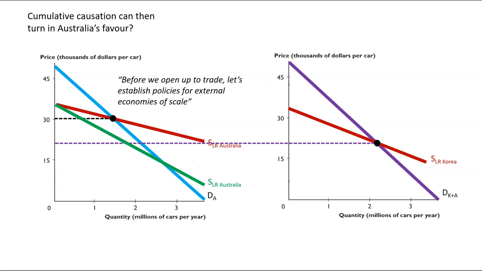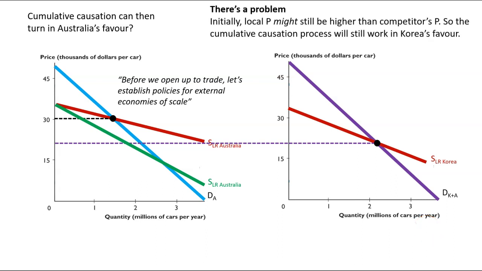So would cumulative causation occur in Australia's favour in that case? Well, it's conceivable, but there's a problem. And the problem is that you just don't instantly move to a new equilibrium point. It takes time.